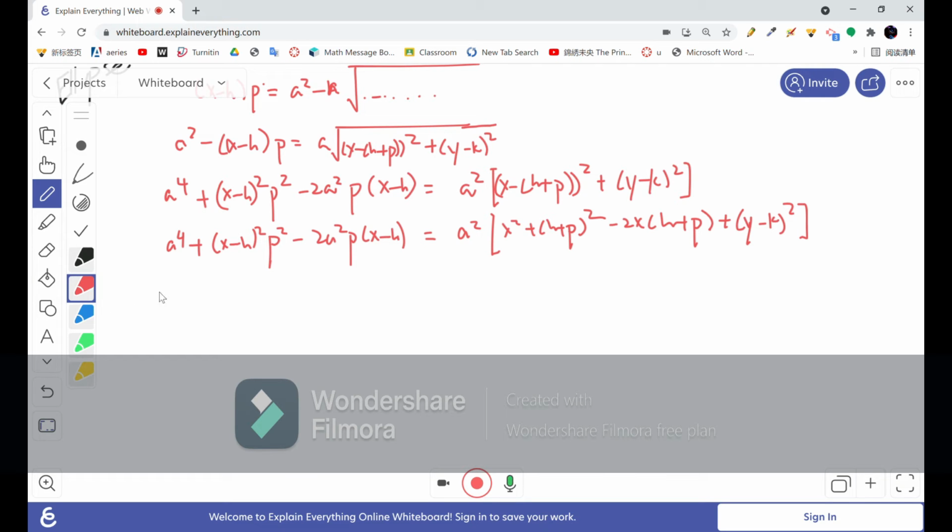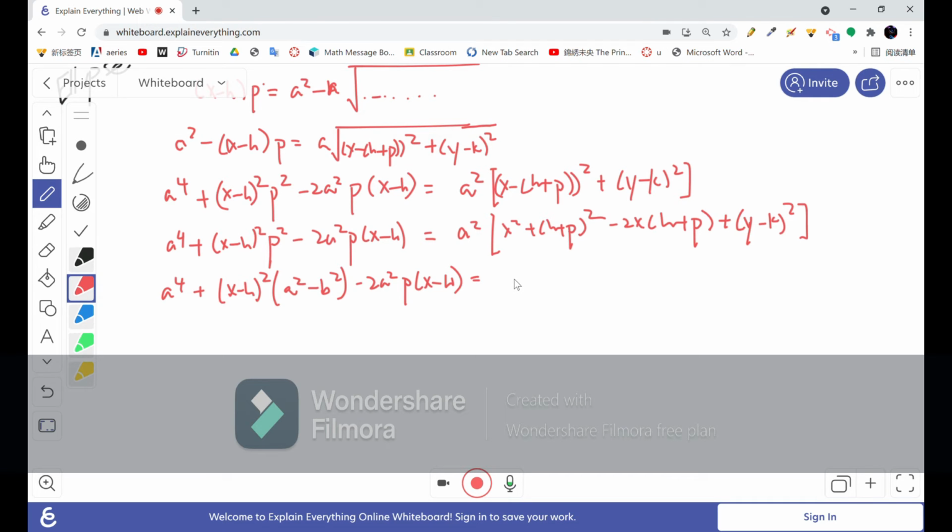So now, furthermore, we have a to the fourth plus x minus h squared times. Actually, we can take this out. So we have minus 2a squared p. Since we don't have that square, we don't have to take it out right now.